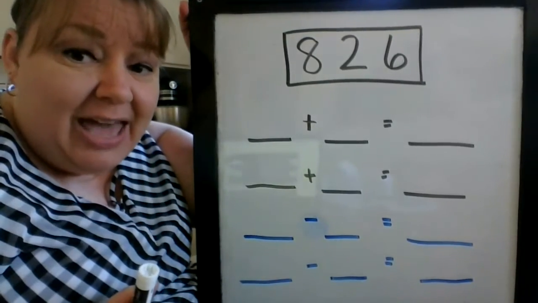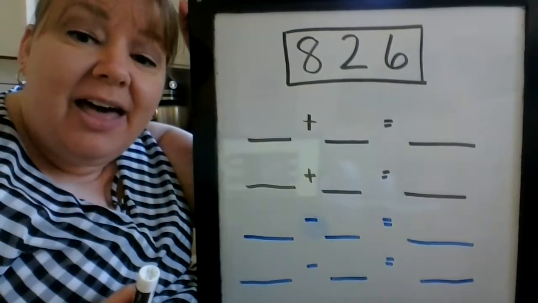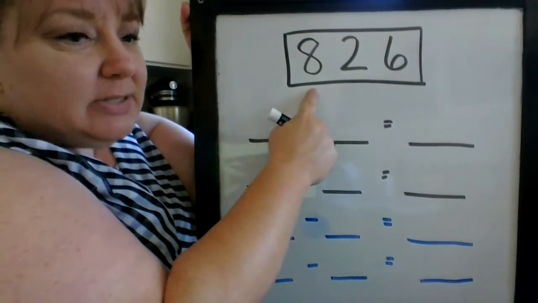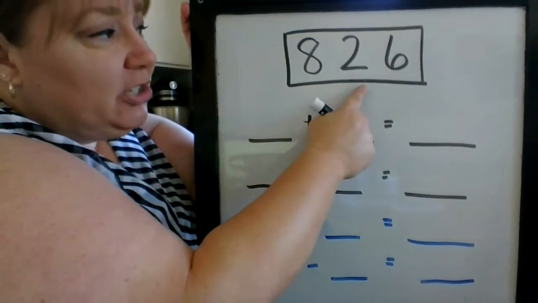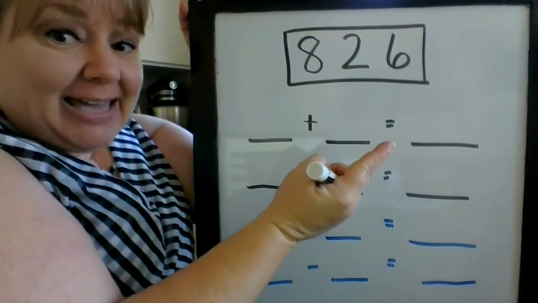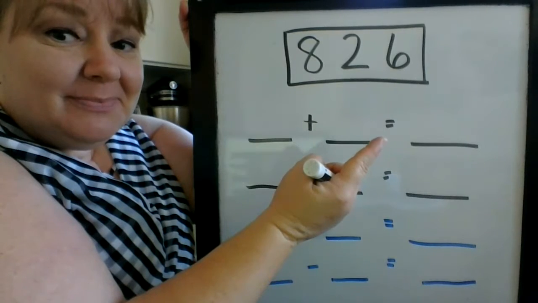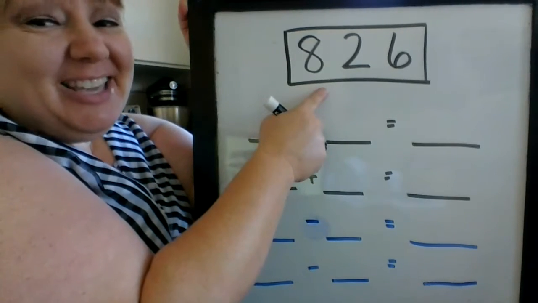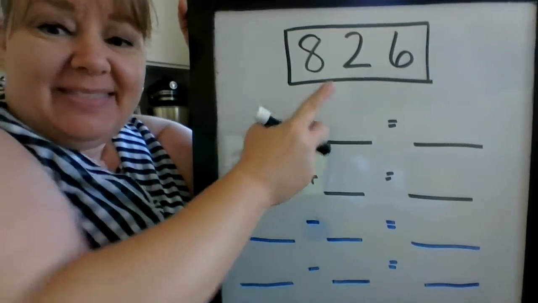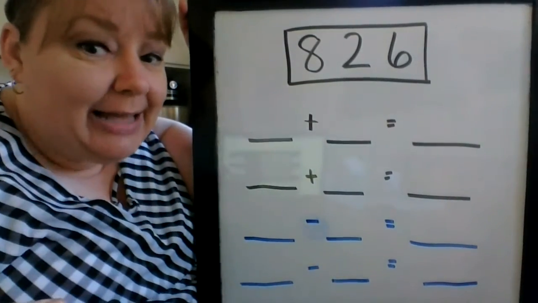The first thing that we have to do is find the biggest number. So let's look at our numbers. 8, 2, 6. Which number is the biggest? You're right. The biggest number is 8. That's our whole enchilada.